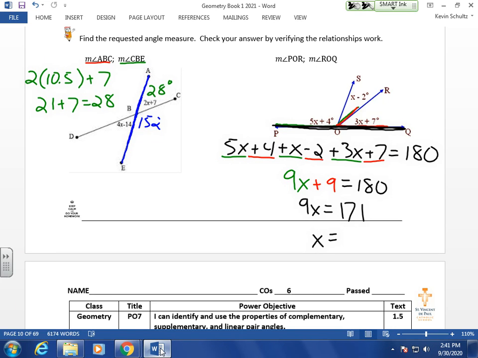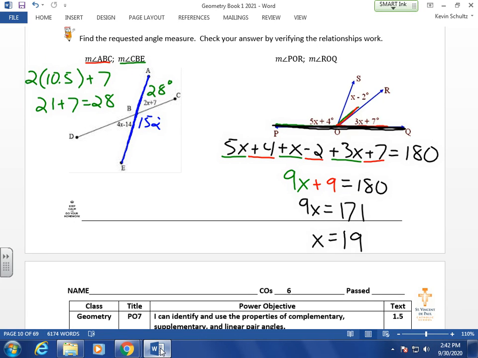And so x equals 19. Which again is only half of the answer here because we're looking for angle POR. If it were me personally, I would just find each of the three angles here and then combine what I have to, because POR is actually two of the three angles together.